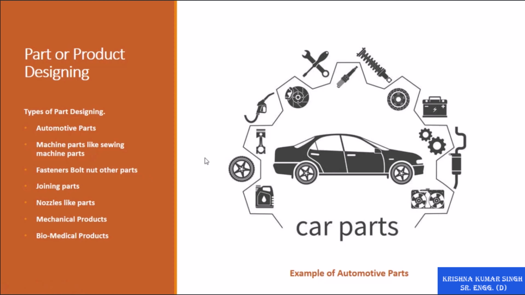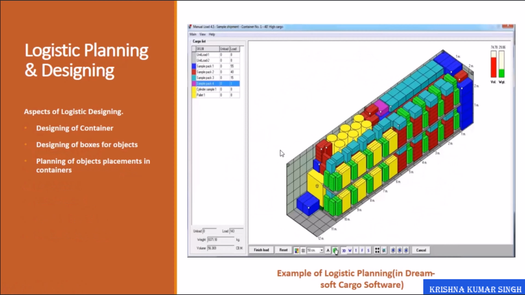I have made a special course on product design and everything about it, like market research, all the processes, reverse engineering and the whole of product design, so you can learn everything in detail. And then there is logistic planning and designing.